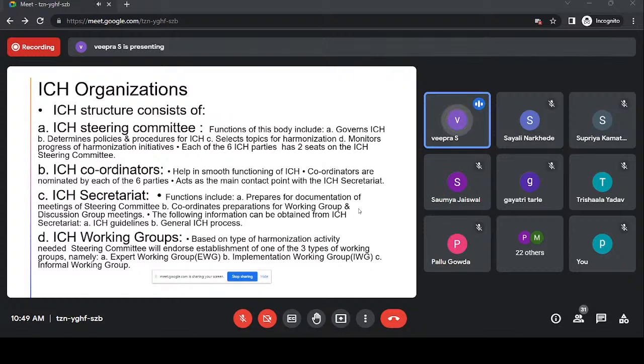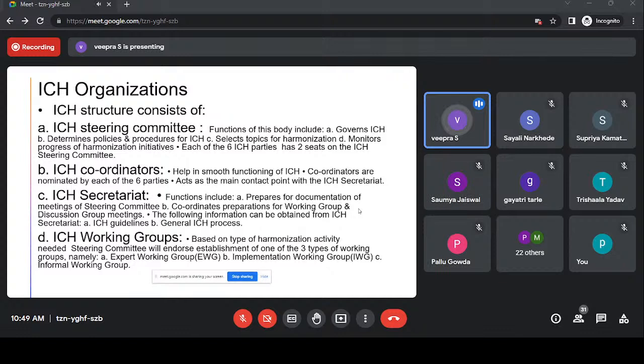For every committee, there will be some roles, some functions, some procedures to follow, and some policies. So all these policies and procedures are prepared by the steering committee, and they select the topics for harmonization and monitor how the progress of the activities is going on.